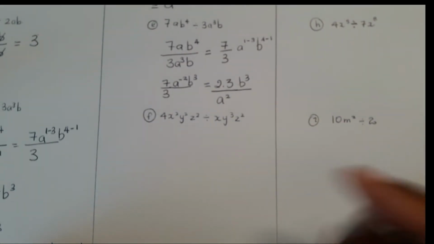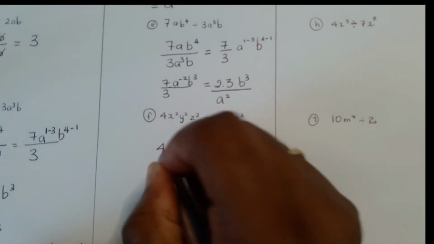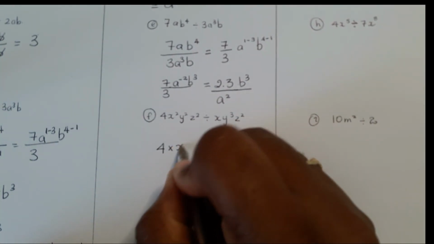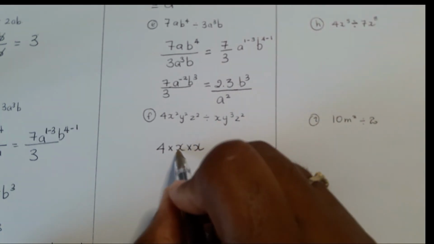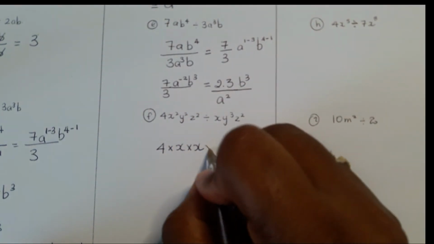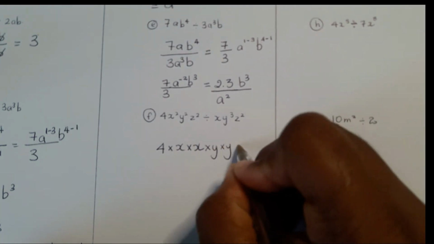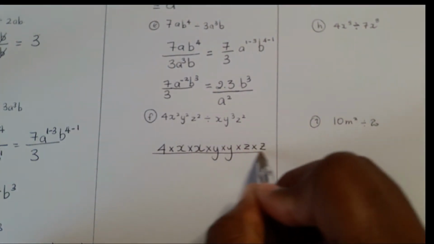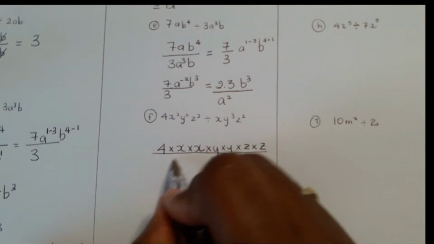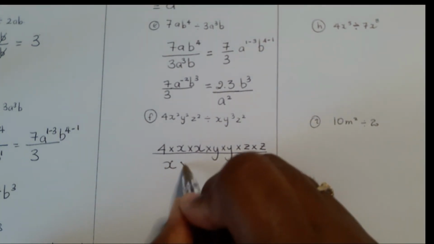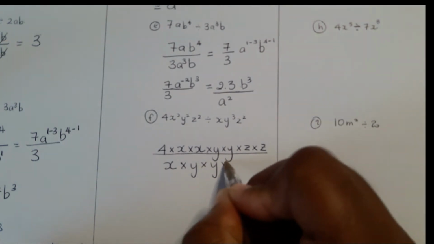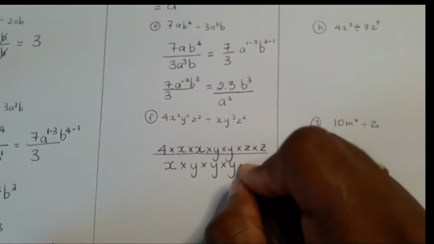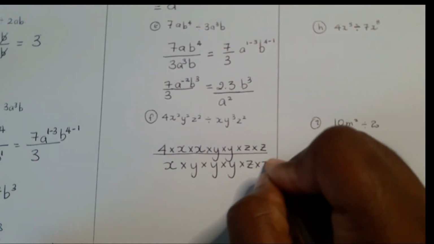Yay. Now here we have this one, 4. I'm going to write it out just how you might be able to understand it. So this represents the x squared, and then this is going to represent y squared, and this is going to represent z squared. Then we're going to divide, and we're going to write it out just like how we understand it. X times y times y. So 3y represents y cubed, and then we're going to write out the z squared.